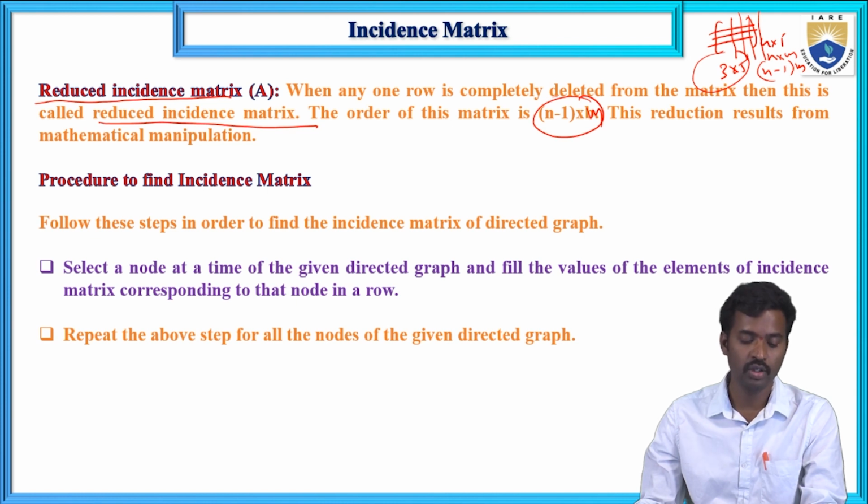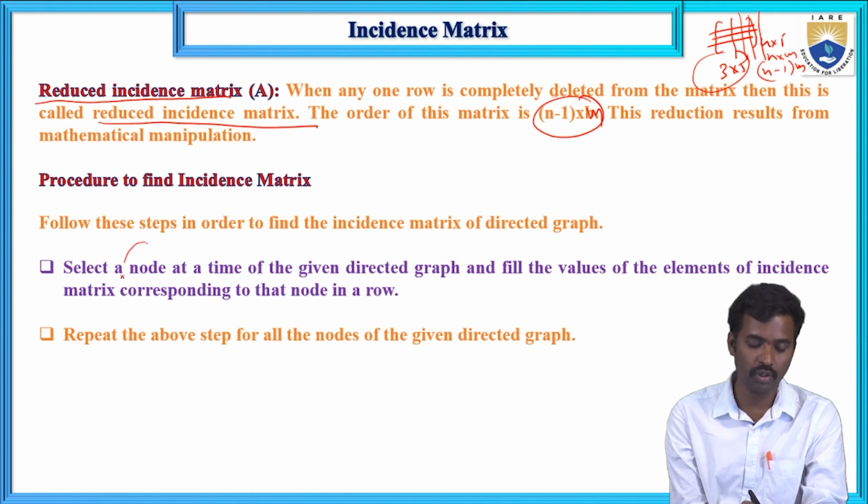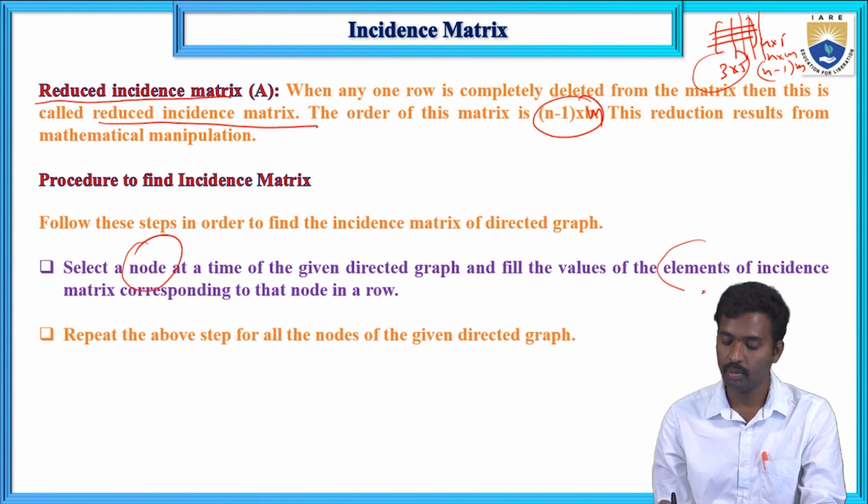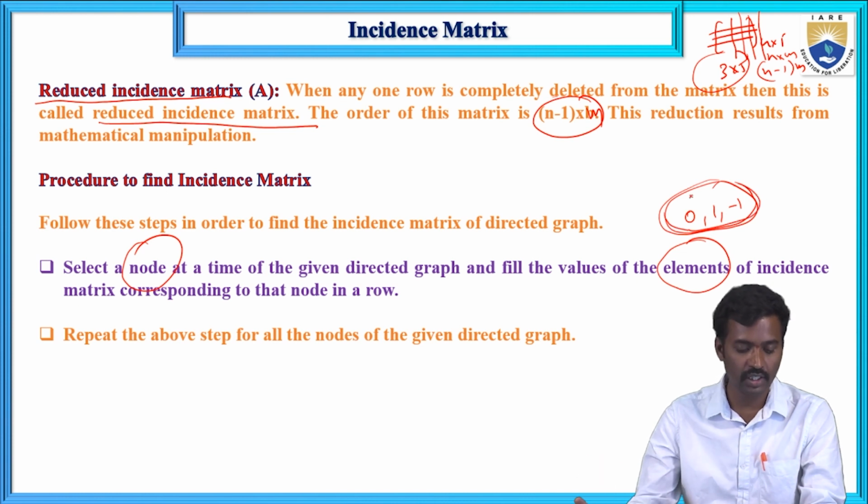Step 1: select any one node at a time of the given directed graph, that means oriented graph, and fill in the values of the elements of the incidence matrix corresponding to that node in a row. The elements may be 0, 1 and minus 1. I will explain this indication in the next slide, and repeat the same steps for the remaining nodes.